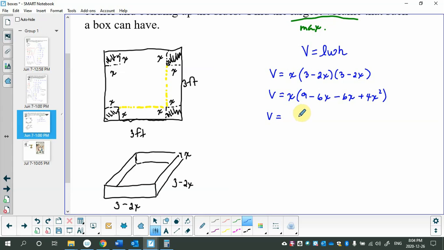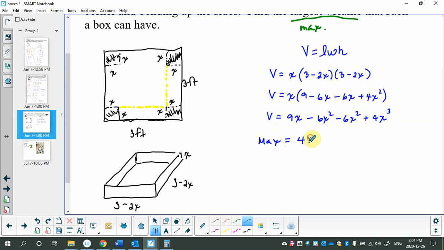Multiply the x in, because I do not want to do the product rule if I don't have to. And this is what I want to maximize.